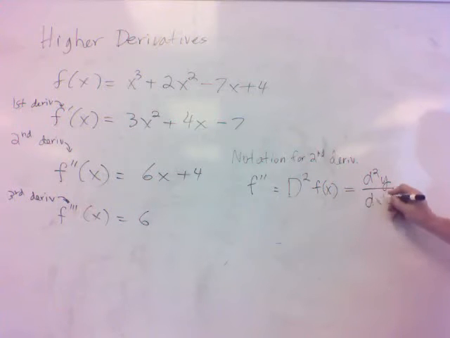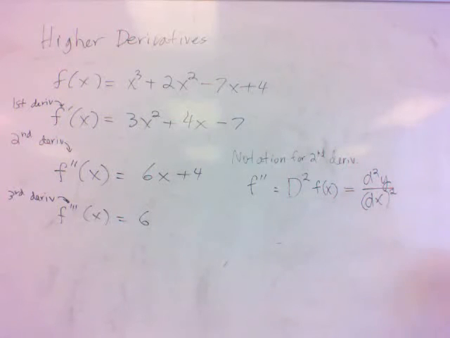You see it a little bit. It looks like d squared y over dx squared. And then we'll also sometimes use, instead of the double prime, f parentheses 2. That comes in more with higher derivatives, fourth derivative and beyond. But if you see f with a parenthesized 2 power, that's another derivative notation. It means the second derivative.